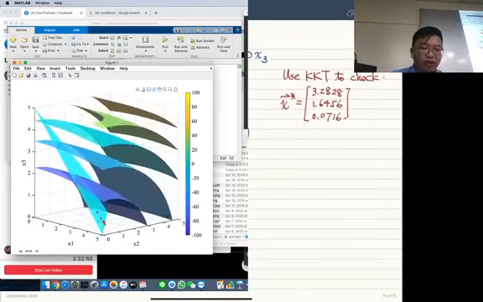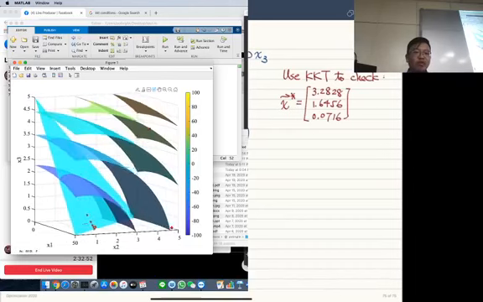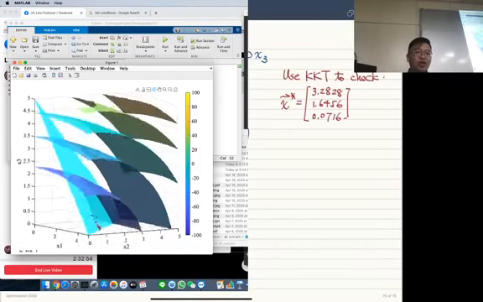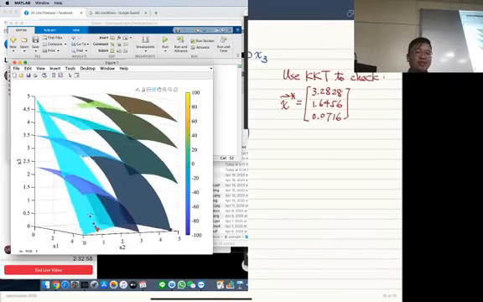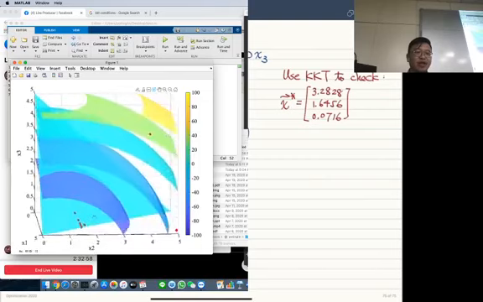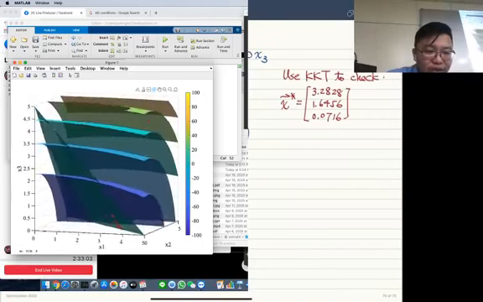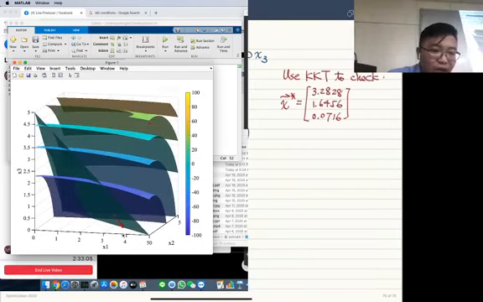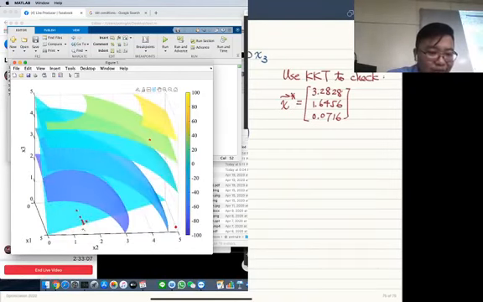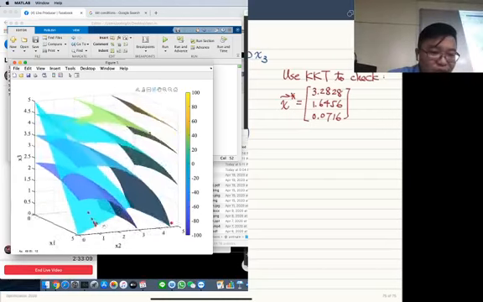Did you see how MATLAB was able to find some points right on this plane? The solution was 3 point something, 3 point something, and then 1 point something, and then 0.0.